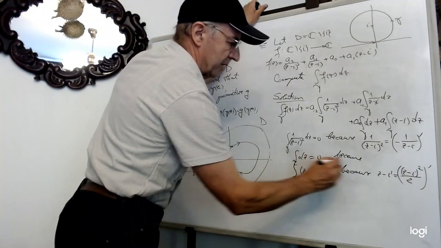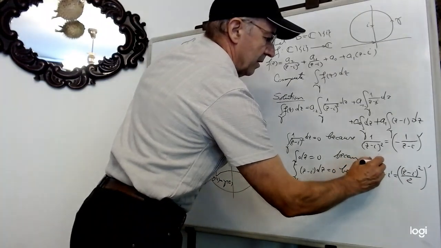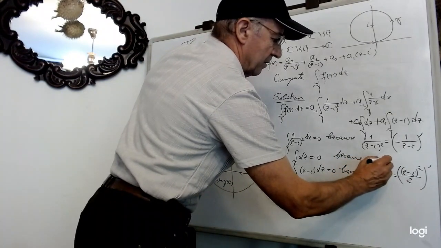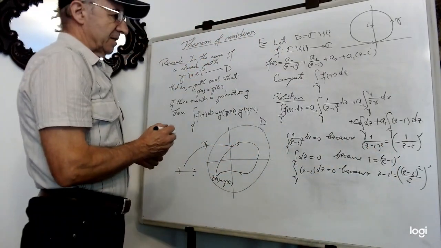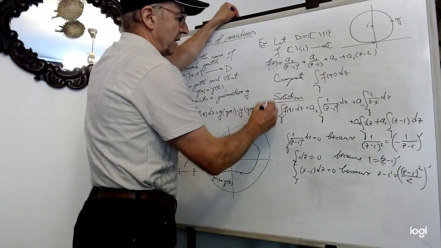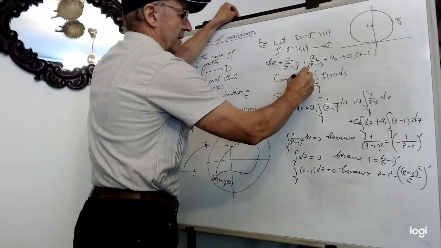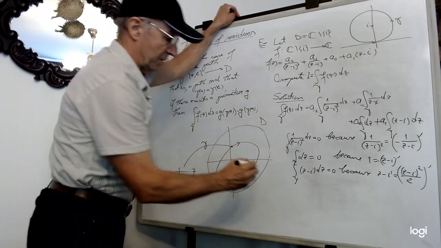The function 1 is the derivative of z minus i. So let us denote by I the integral we have to compute.